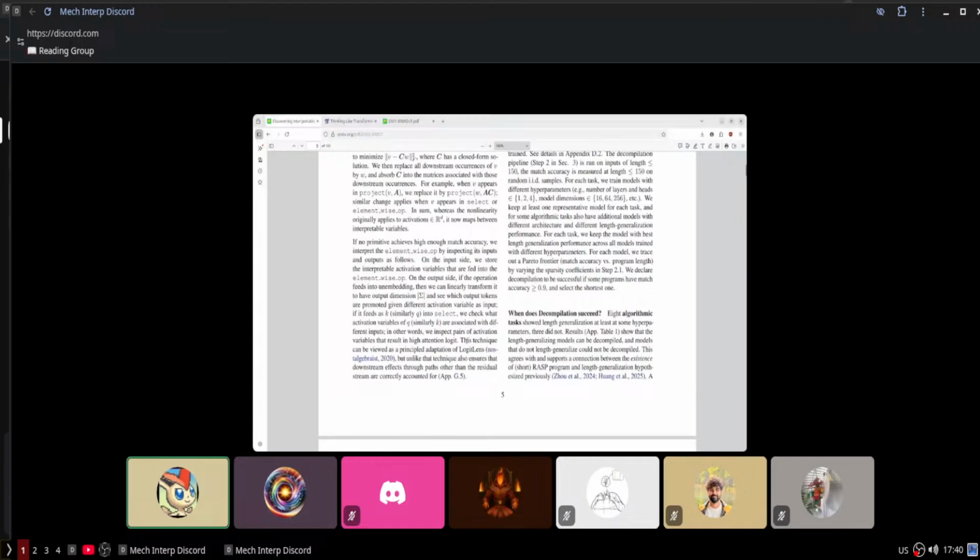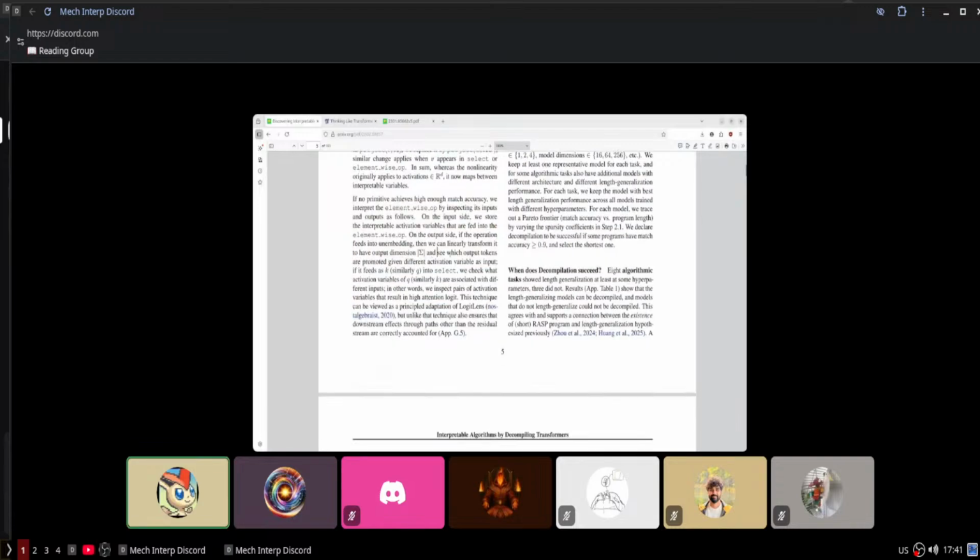Oh wait, I saw something interesting here. Each primitive might be interpreted by inspecting its inputs and outputs as follows. On the input side, we store interpretable activation variables that are fed to the operation, which feeds into the embedding.